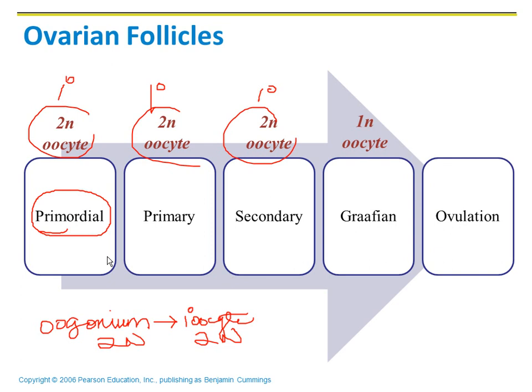Puberty happens, we're going to start to dump hormone on this. That's the hormone. And as we start to dump FSH on this thing, it starts to develop. And what we see is the follicle cells develop into granulosa cells, and we get layers of them. That's a primary follicle. The oocyte hasn't done anything yet.